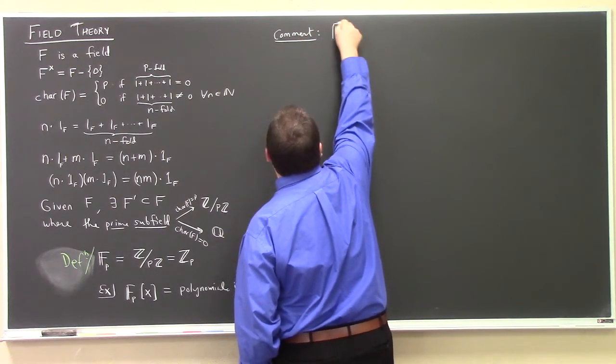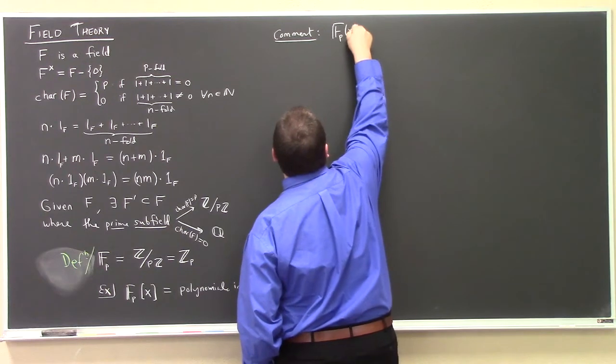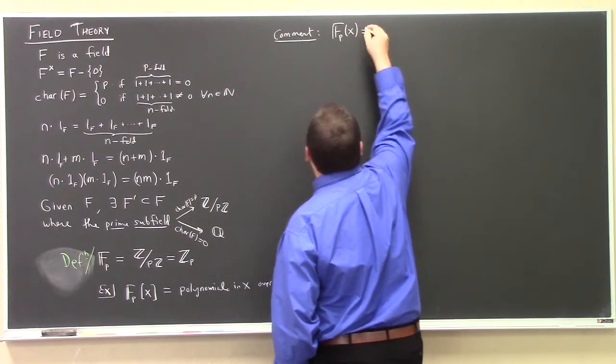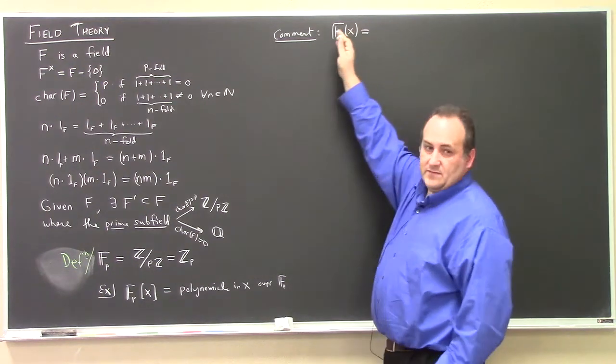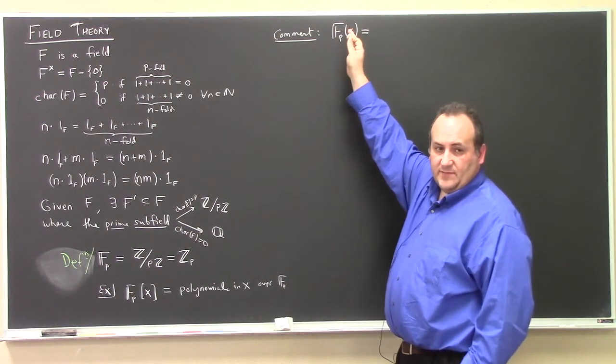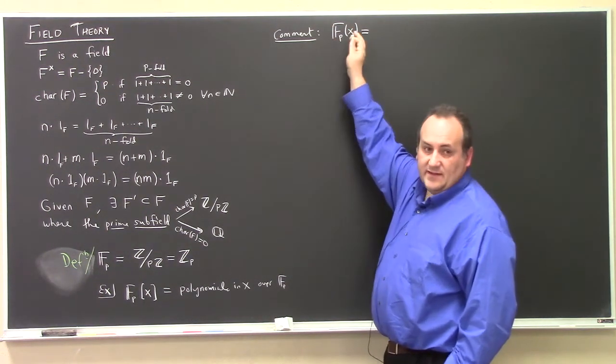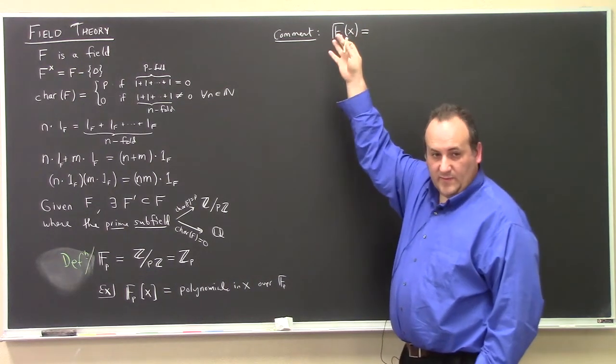So if we look at F sub p of x, this is the smallest field which contains, up to isomorphism, both F sub p and x, an indeterminate.